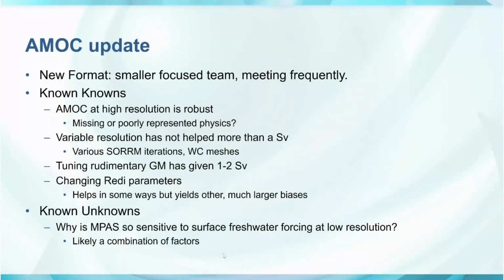One thing I don't mention here is that if we change the vertical mixing from the K profile parameterization, which is the default, to a different scheme we have available, we get a fairly large jump, something like 4 Sverdrups.